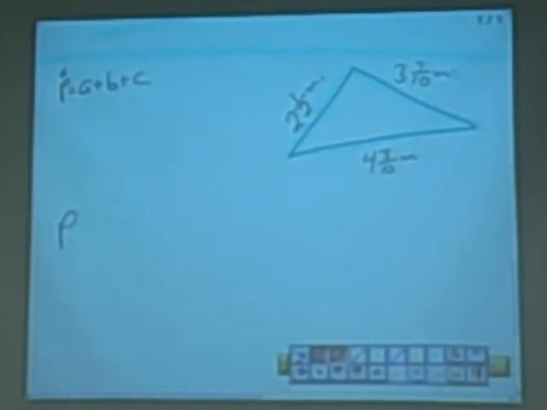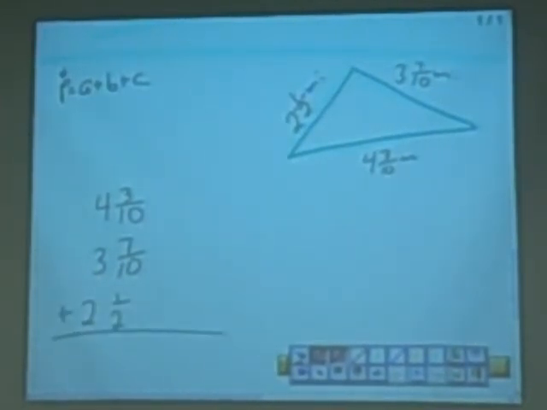Okay, so we're looking for the perimeter of our course, and even though it goes across horizontally, you can just add them up vertically. So here we have 4 3/10, and 3 7/10, and 2 1/2, and we know we're adding.